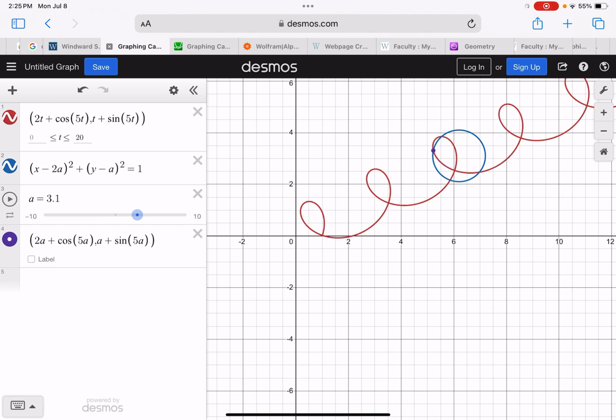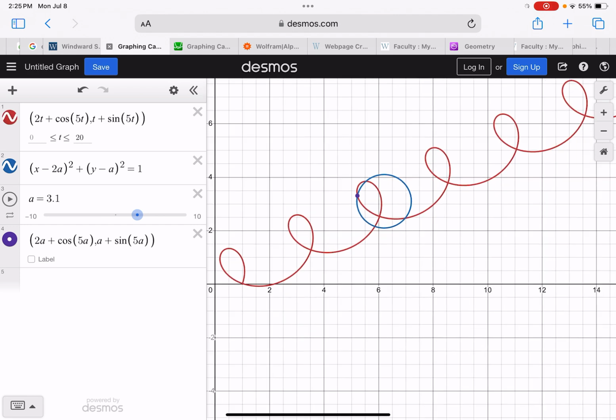And if I turn this on, this curly Q is actually the path that that point would take. It's not as obvious now, but as we move along, we were thinking, okay, it's spinning around the circle while the circle is moving. And it turns out the path it follows would look like so.